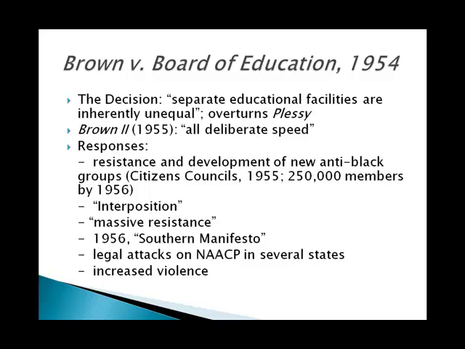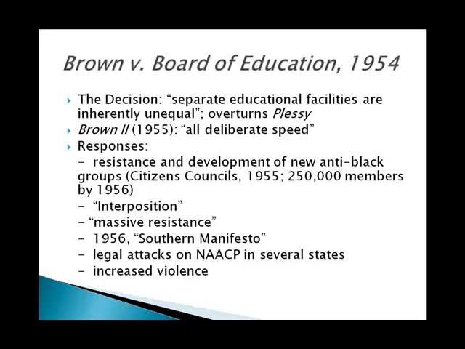There is resistance on the part of the newly developed anti-Black groups like the Citizens Councils. They're organized in 1955, and by 1956, these Citizens Councils have over 250,000 members.